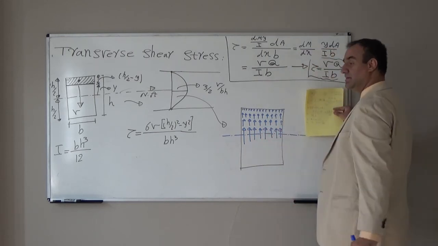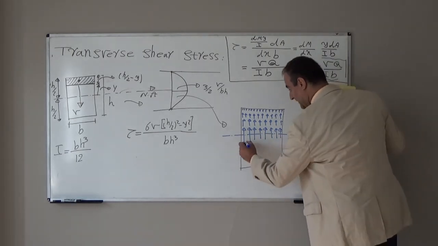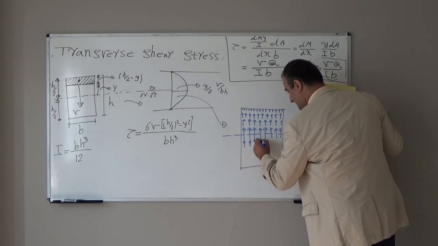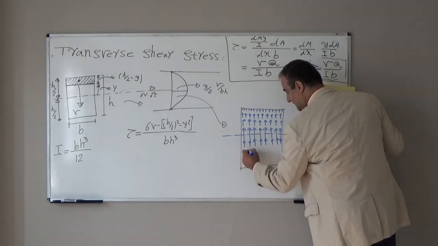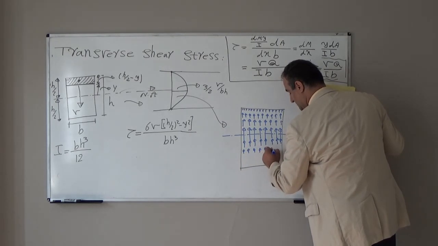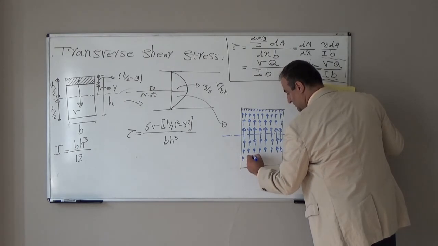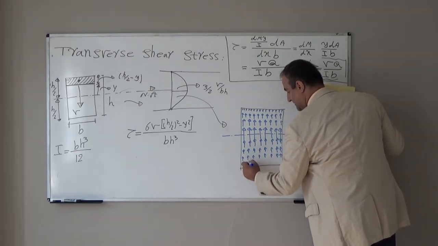It will be symmetrical with respect to the neutral axis, so again it gets smaller after we pass that line, much smaller, and it will reach close to 0.